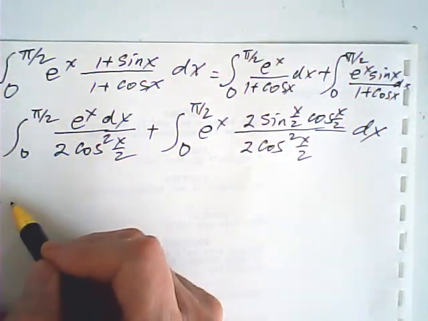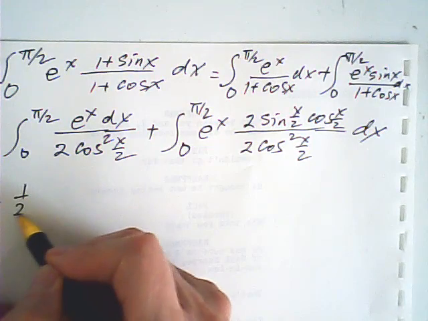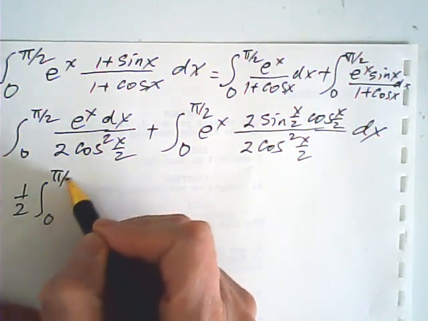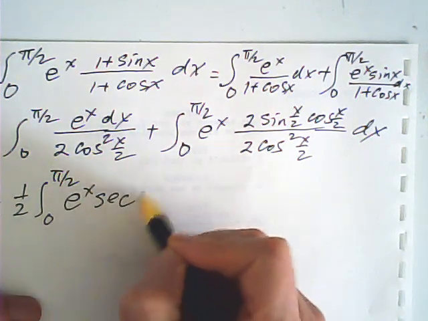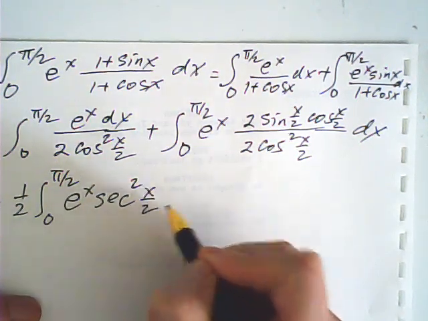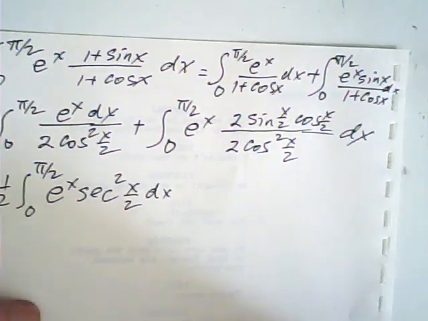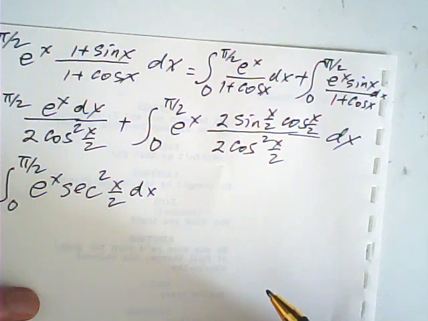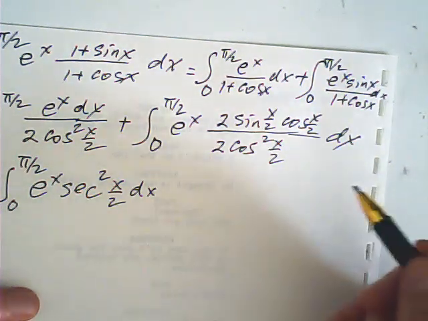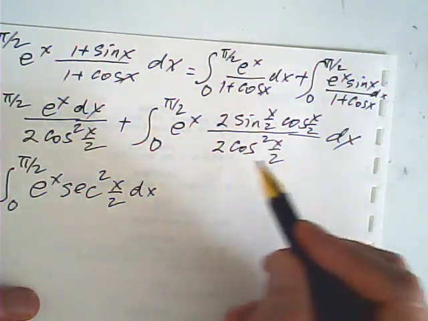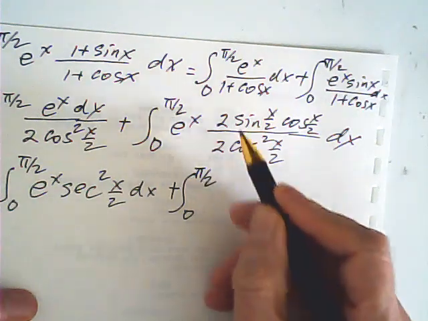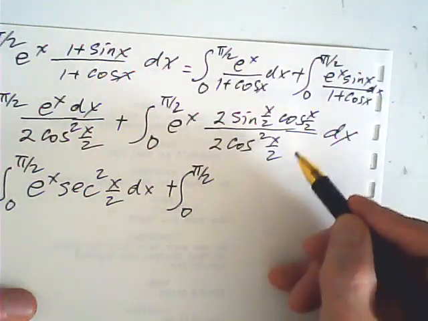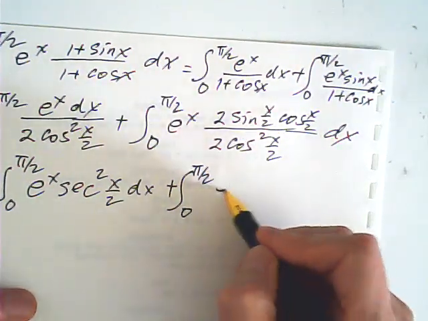So the first one becomes 1 half e^x times cosecant square half x. And the second one, plus, the 2 cancels out, cosine cancels out, becomes tangent, right?